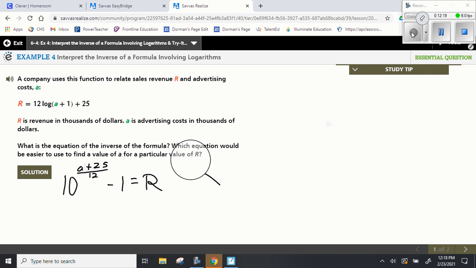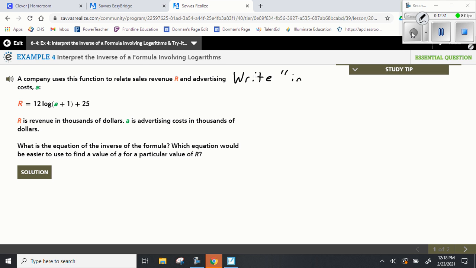So what you're actually being asked for is to write this in terms of A. Even though I showed you how to do the inverse, what this question is actually asking for is to solve for A. So the switch is actually not going to be necessary.